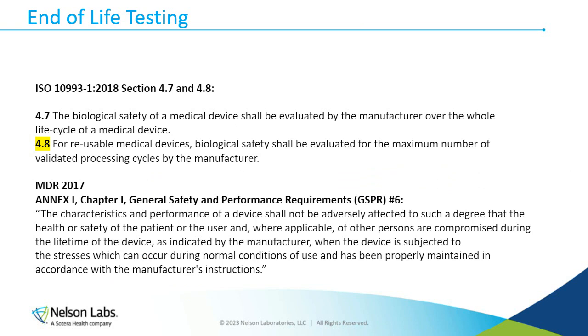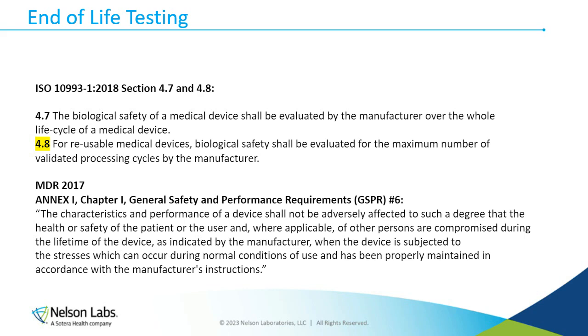And if you look at ISO 10993-1, 4.8, it says for reusable medical devices, biological safety shall be evaluated for the maximum number of validated processing cycles by the manufacturer. So we're seeing a push from the EU using this ISO standard to have you determine biological safety of your reuse cycle.